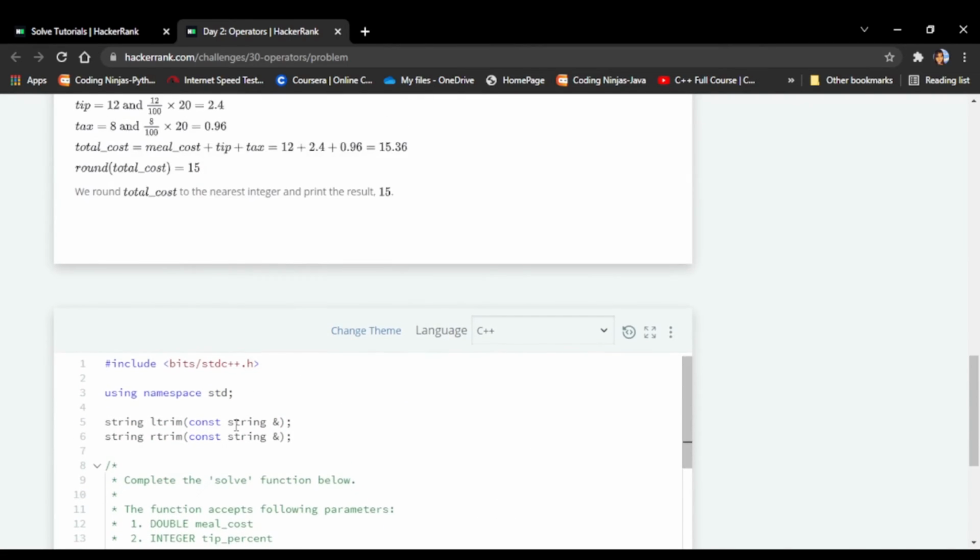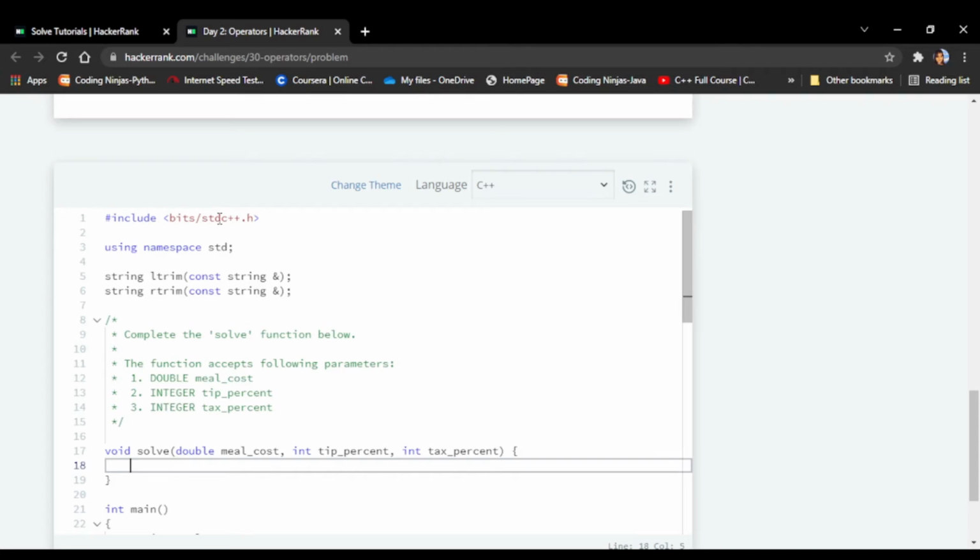See, we have included a header file bits/stdc++.h, which includes all the header files in C++, and I have already chosen the language as C++.